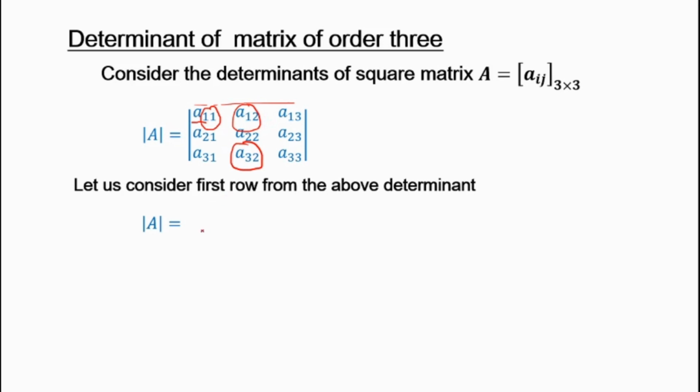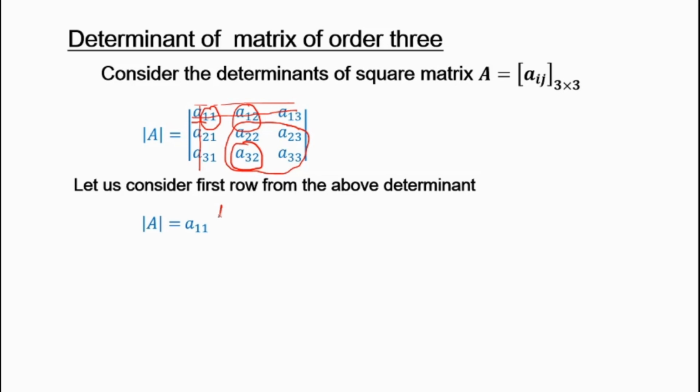Now take a11 into, a11 ಏನಿದೆ ಅದು ಫಸ್ಟ್ ರೋ ಮತ್ತೆ ಫಸ್ಟ್ ಕಾಲಮ್ ನಲ್ಲಿದೆ. So leaving the first row and the first column, what are the remaining elements? The remaining elements are a22, a23, a32, a33. Take the determinant of that.